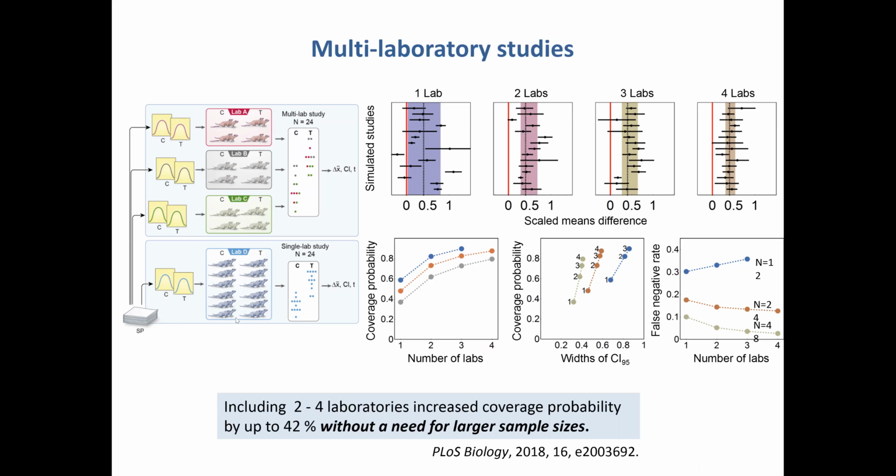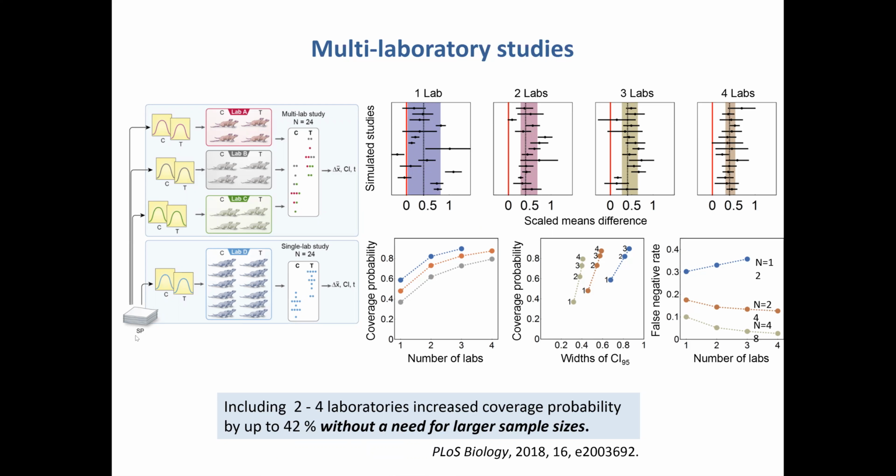The one is just a single lab study where we have just 24 animals divided into control and treatment group, and we get certain results. We see a difference between the control and treatment group, and we call this a treatment effect. Then we contrast this with the multi-lab approach, where we take the same overall number of animals, but distribute them over 3 different labs.